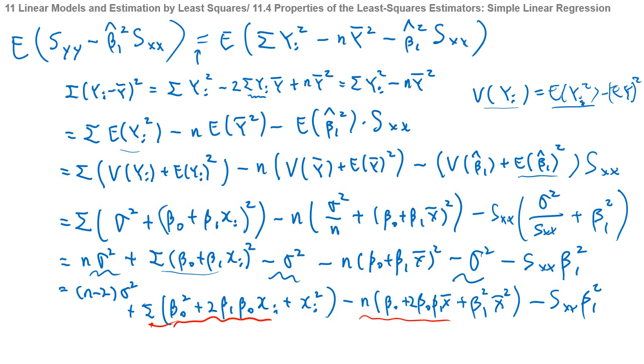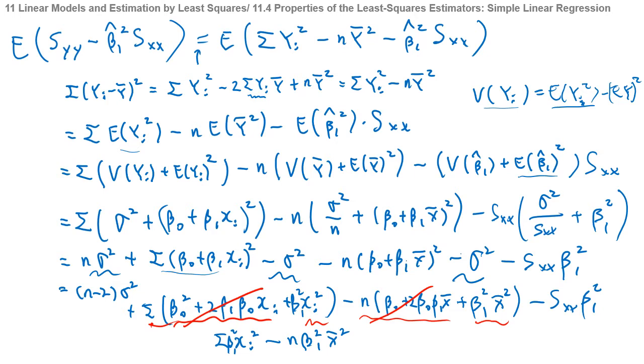And what about this part? This red part first cancelled out, and the sum of xi square minus n times beta 1 squared x bar squared.